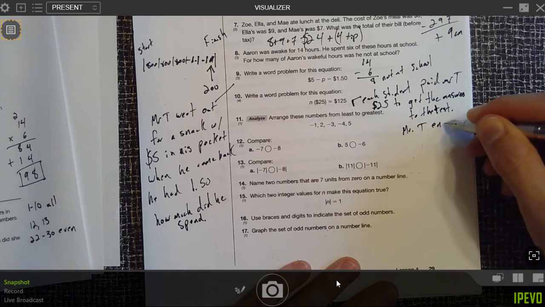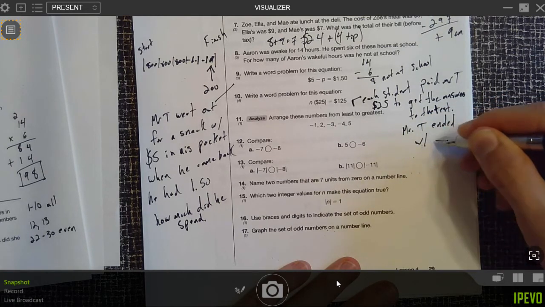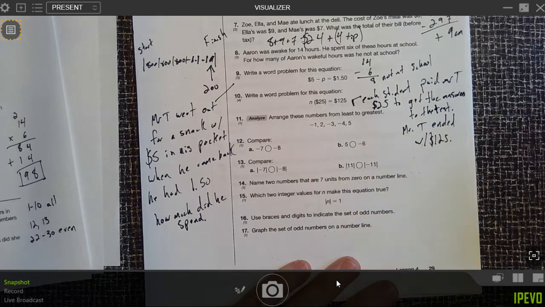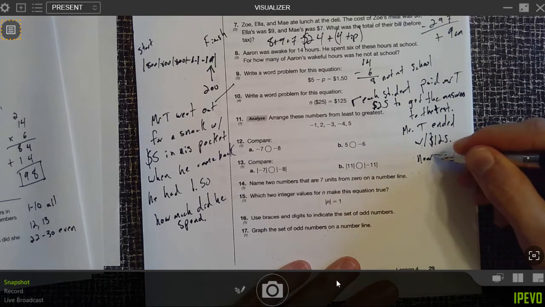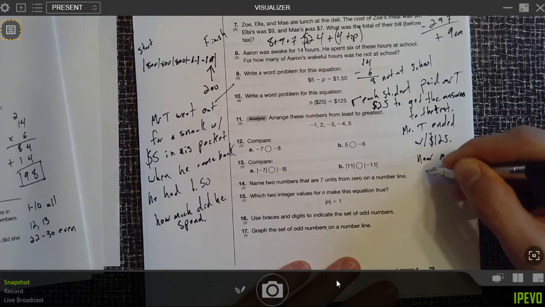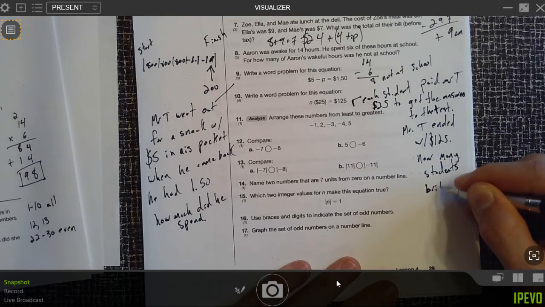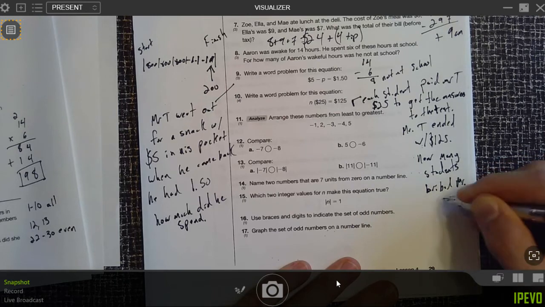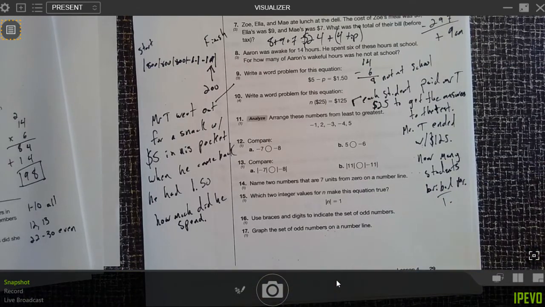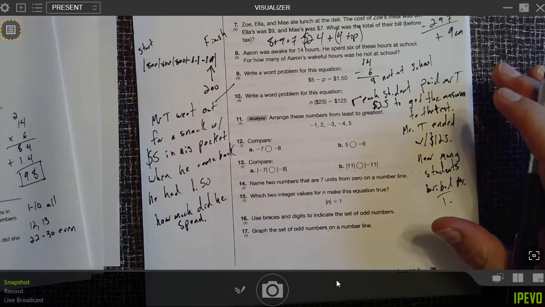Mr. T ended with $125. How many students cheated? Or how many students bribed Mr. T? I don't know, you can make anything up. Okay, so that's 1 through 10.